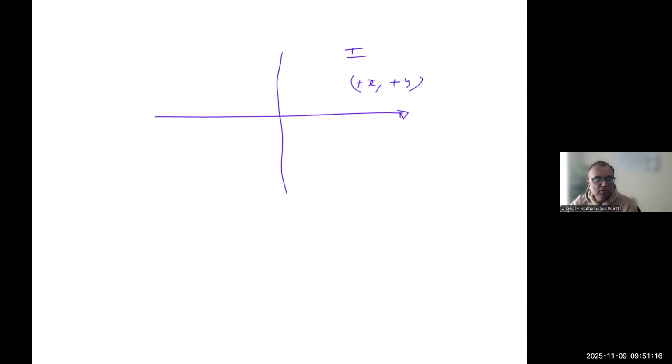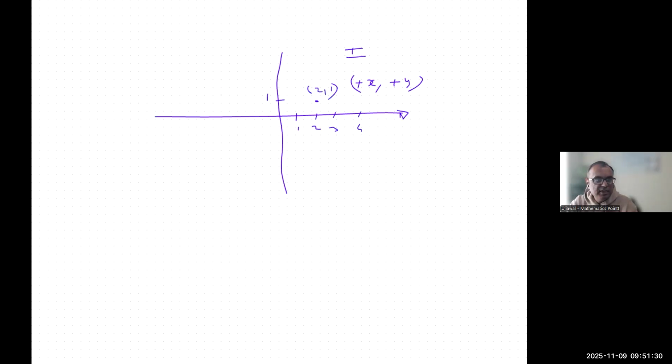If I draw the Cartesian plane again, what you just saw was in the first quadrant, your x was positive and your y was positive. So any coordinate, for example here, this is 2, 1. Both x and y are positive.